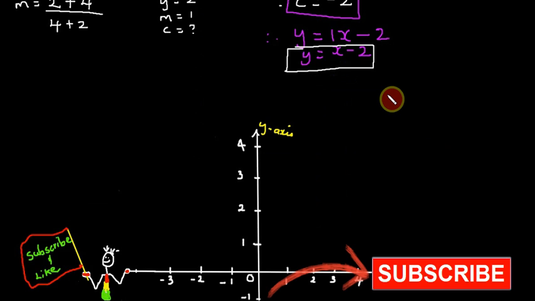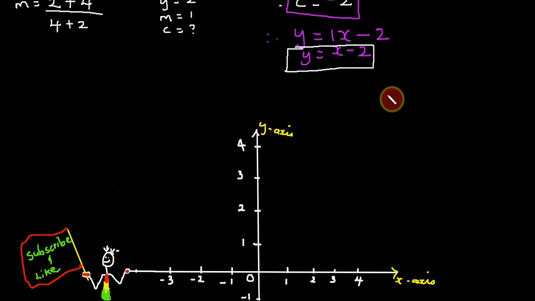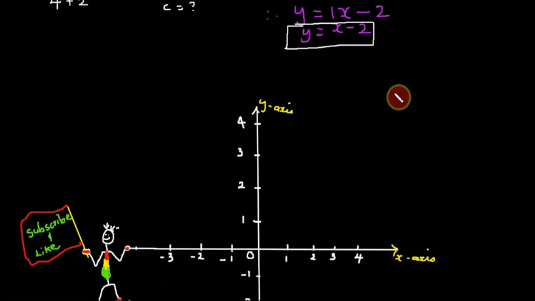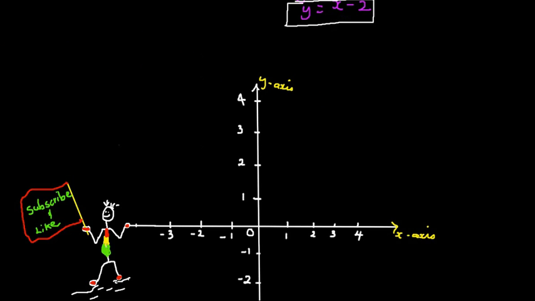Because we just can't find the equation of the straight line and not understand exactly what it is saying. So here we have y is equal to x minus 2. This minus 2 here is the y-intercept, as I said before.